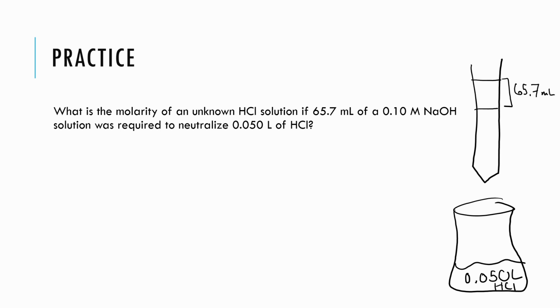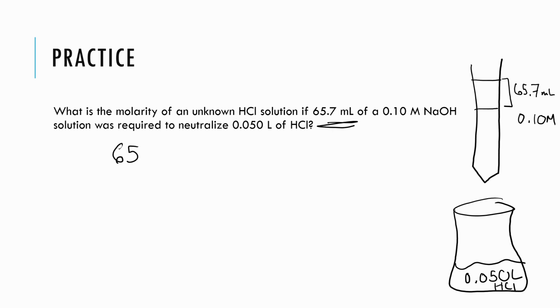And it's 65.7 milliliters of 0.10 molar NaOH. Now, one thing I will always give you a hint on, molarity is moles per liter. So if you ever see milliliters, we are going to be needing to do that conversion.